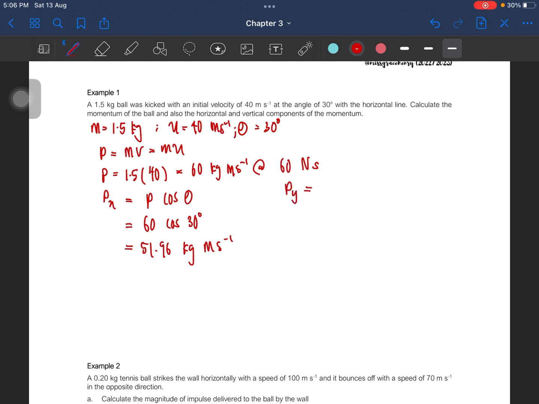The vertical component is P sine theta, so 60 sine 30 degrees, and we will get 30 kilogram meter per second. That is the solution for example number 1.